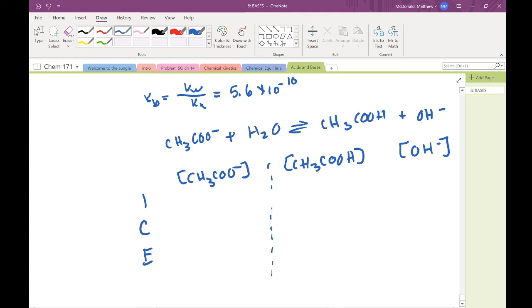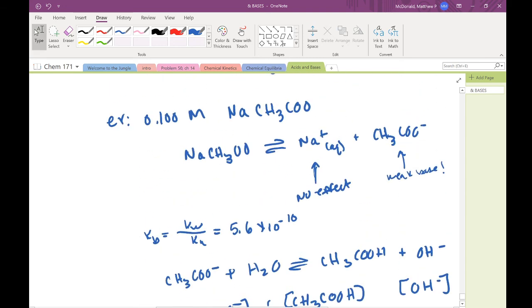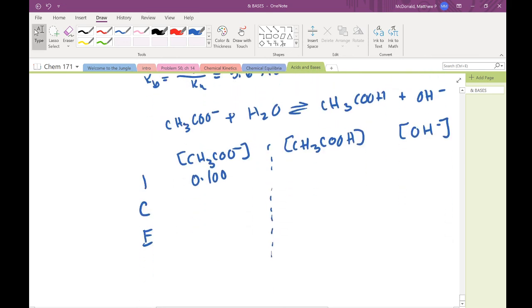Okay, so initially we have 0.100 molar of acetate. This is going to completely dissociate when we put it into solution, mostly because sodium acetate, or any sodium salt, is highly soluble in solution. We have 0 amount of acetic acid present, and we have approximately 0 amount of OH minus present in solution.